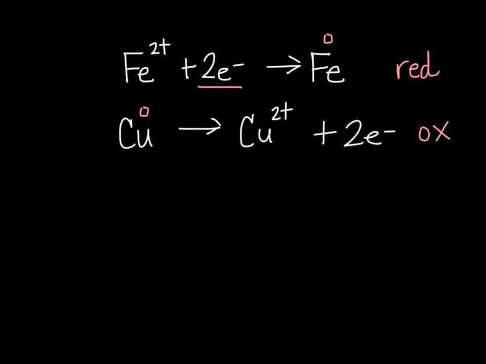And remember, in OIL RIG, oxidation is losing electrons. So when the electrons are being lost, you will see that the electrons are written on the product side, to indicate that the electrons are being lost. Once again, the charges also have to be balanced on both sides. So 0 here, and see how this equals 0: plus 2, negative 2 equals 0. So that is how we can identify what is being oxidized and what is being reduced.